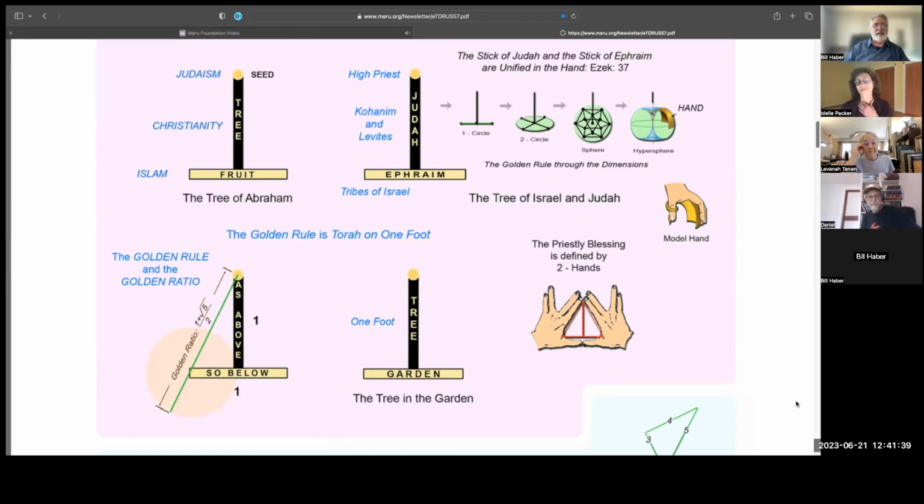He just kept at it, digging and finding these references that just fit into this model. To the left of that, we see the tree in the garden, the Garden of Eden reference. And then to the left of that, over here, we see the golden rule and the golden ratio, as above, so below.